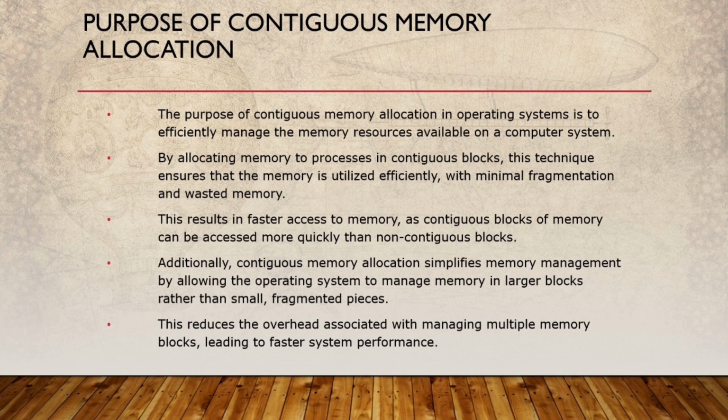This results in faster access of memory, as contiguous blocks of memory can be accessed more quickly than non-contiguous blocks. Additionally, contiguous memory allocation simplifies memory management by allowing the operating system to manage memory in larger blocks rather than small fragmented pieces. This reduces the overhead associated with managing multiple memory blocks, leading to faster system performance.